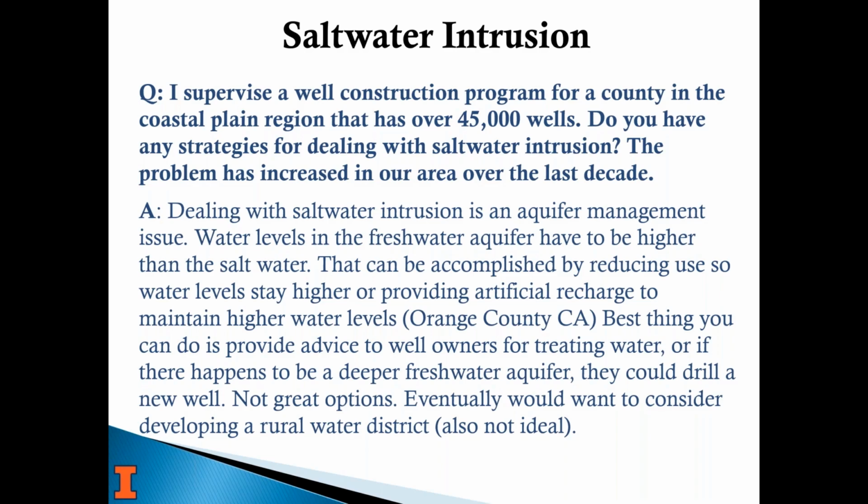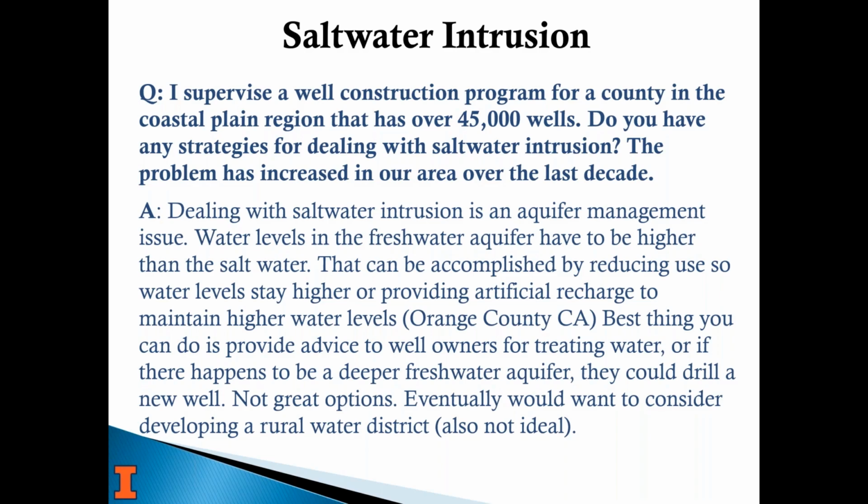There are examples of providing artificial recharge. The best one is Orange County. If you look up Orange County aquifer, probably just that. They input 100 to 130 million gallons of water a day through these sand settling basins into their aquifer.